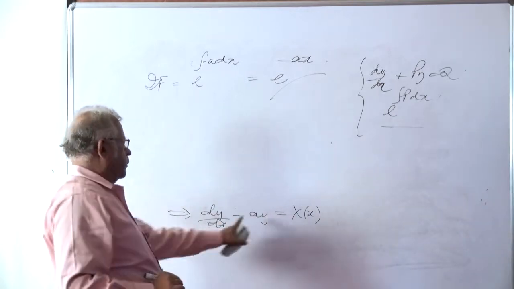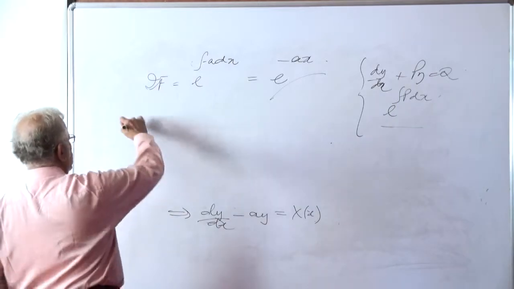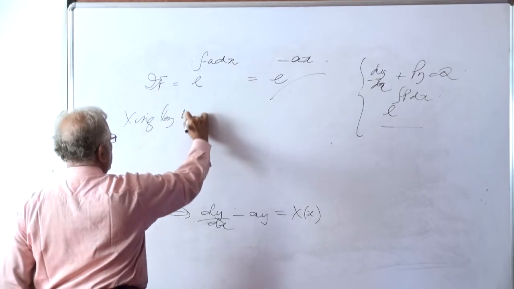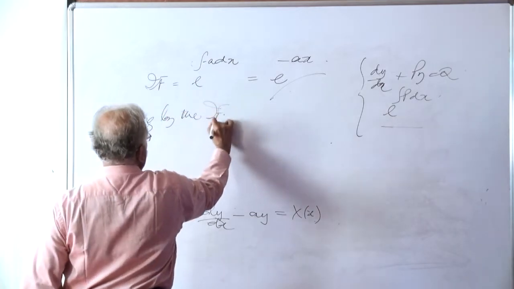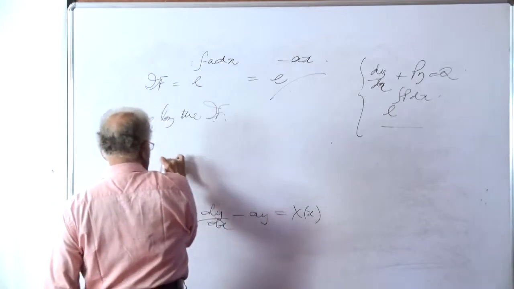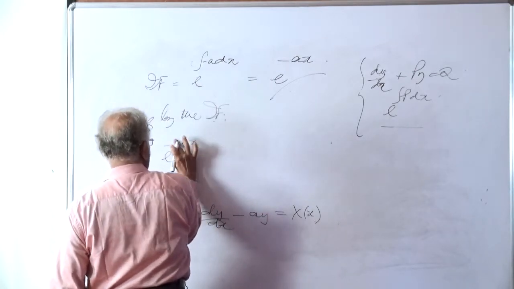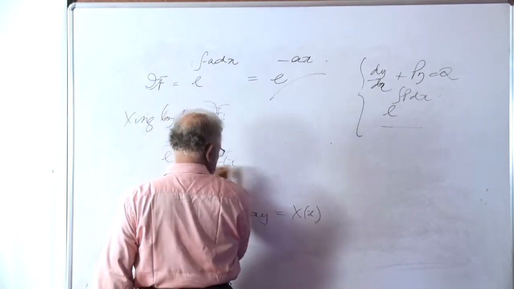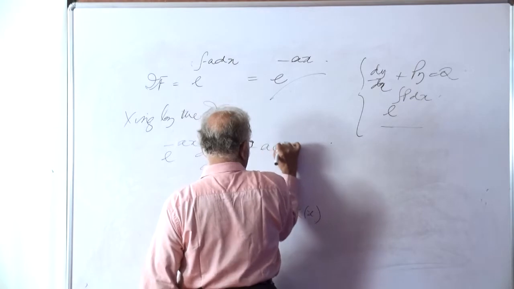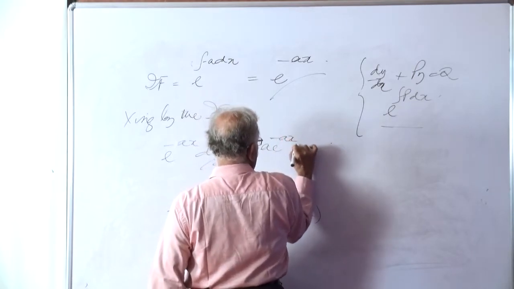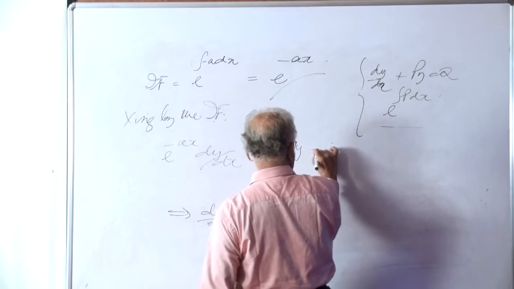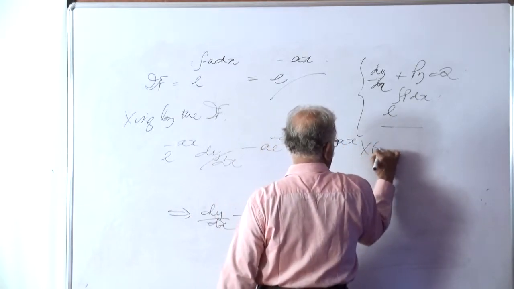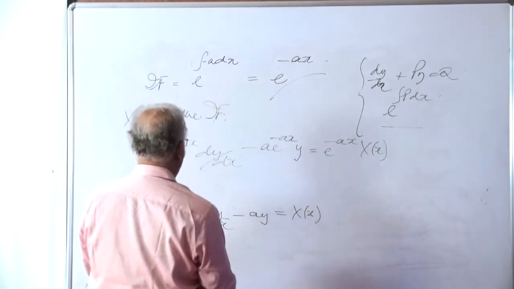So once we multiply by this integrating factor, we get e to the power of minus ax dy/dx minus a e to the power of minus ax y is equal to e to the power of minus ax times X as a function of x.